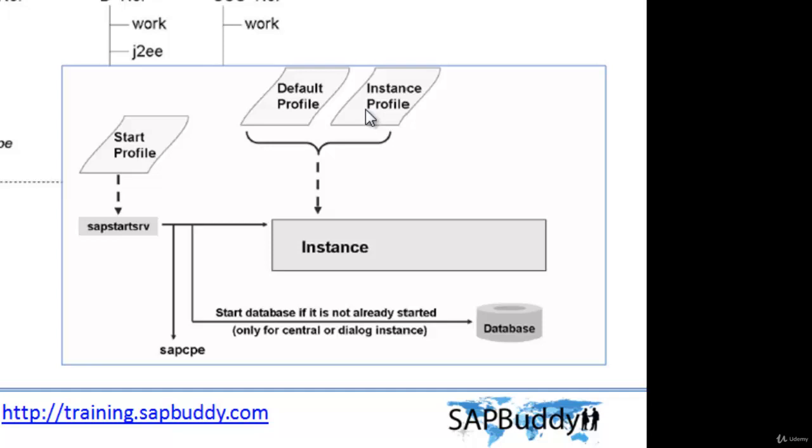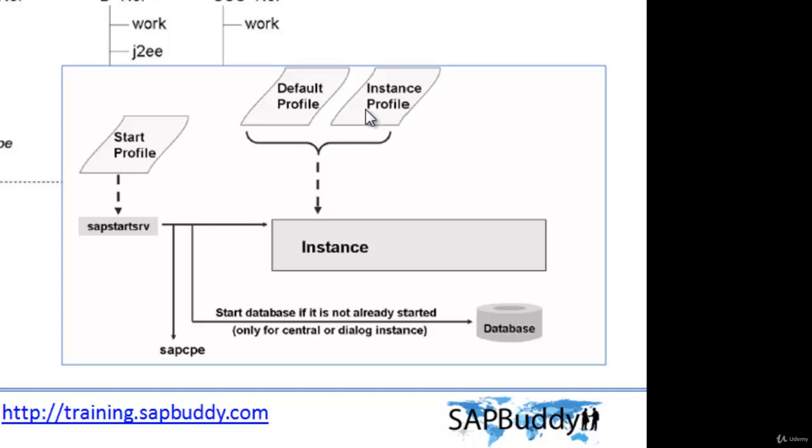For example, a specific instance may have less memory, or more memory, and the CPU capacity can also vary from one instance to another. So depending on the instance, you can define how many work processes you want in that specific instance.